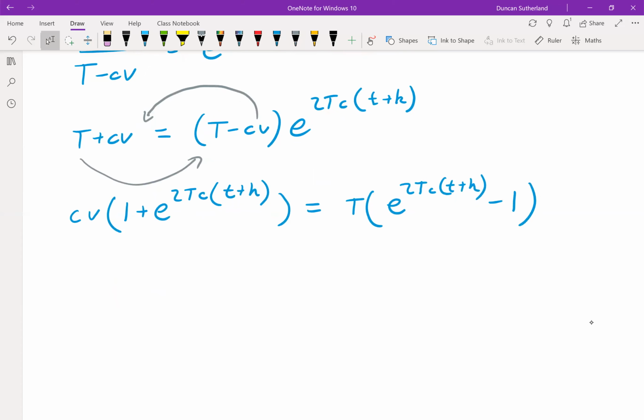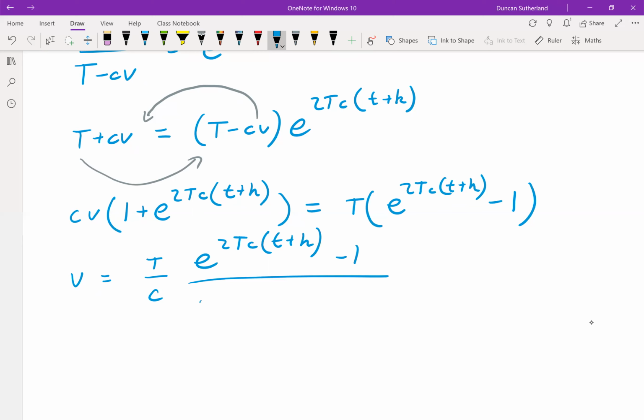All right. We're now going to divide it. I'm going to write it in a slightly different order. e to the 2 t c t plus little k minus 1 over e to the 2 t c t plus k plus 1.